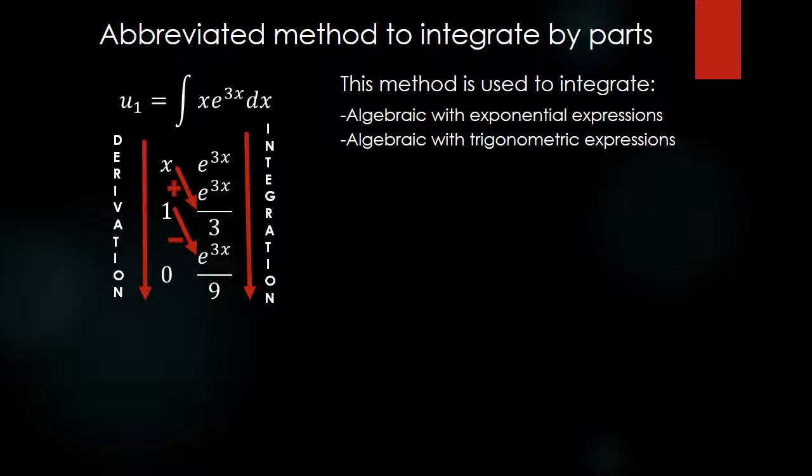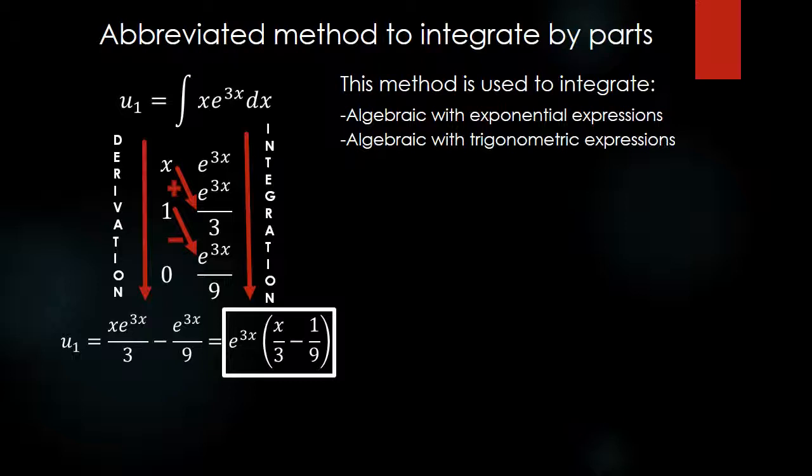Then we put a minus, the second sign, and we multiply 1 by e to the 3x over 9, and we obtain x multiplied by e to the 3x over 3 minus e to the 3x over 9, and we reduce the result and obtain e to the 3x multiplied by x over 3 minus 1 over 9.